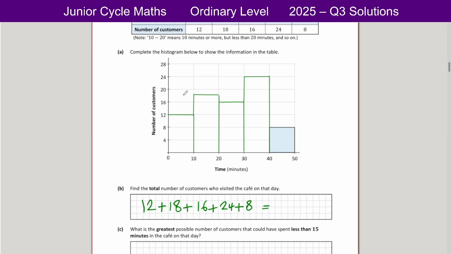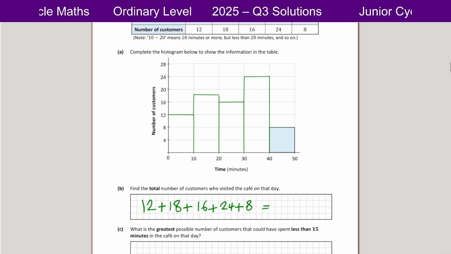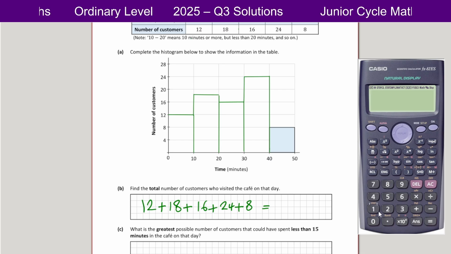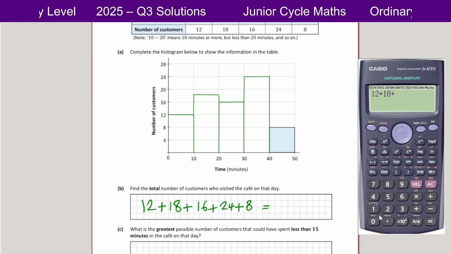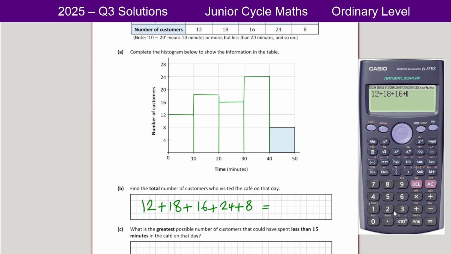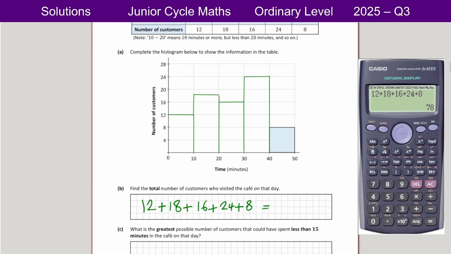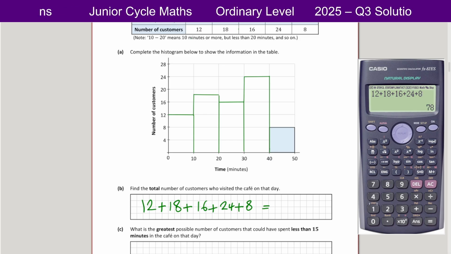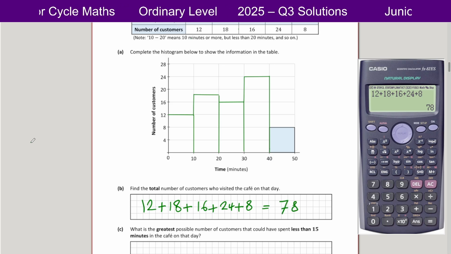We bring up our calculator here and say 12 plus 18 plus 16 plus 24 plus 8. So what we have here is 78. So we have 7, 8.